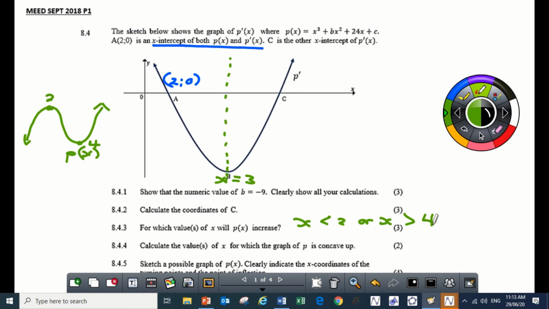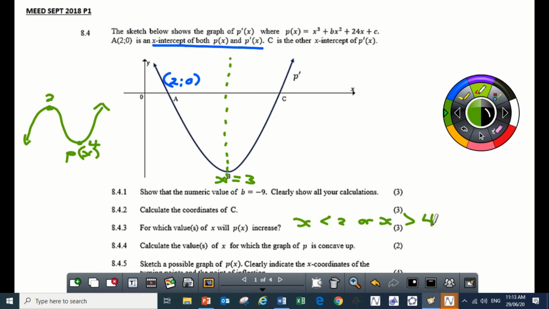How many of you got that? Thank you. Let's move on to 8.4.4. Calculate the value of x for which the graph of P is concave up. How did you do that?